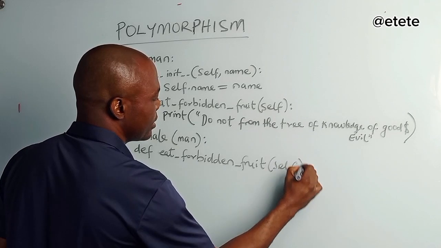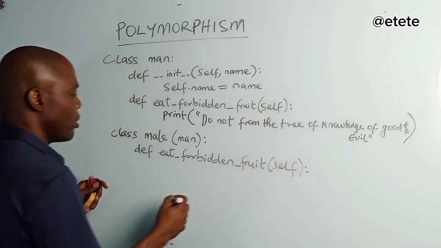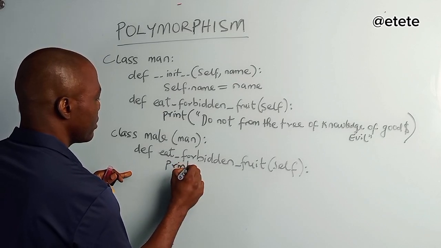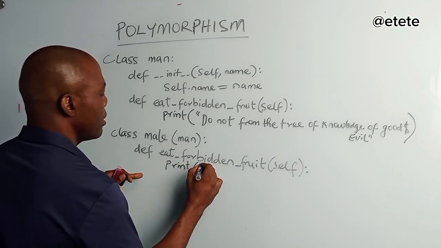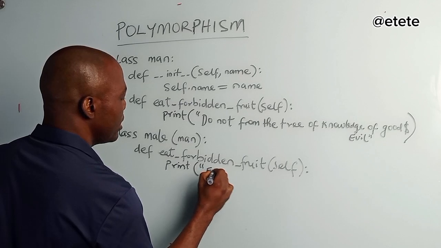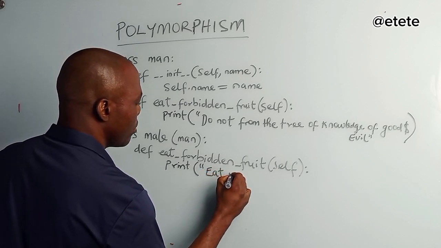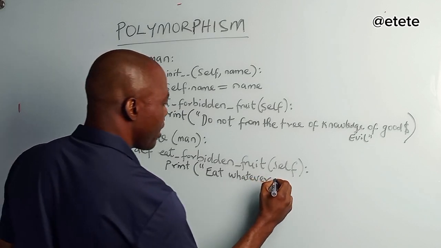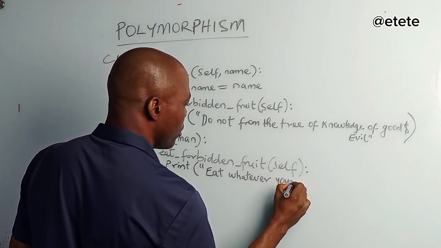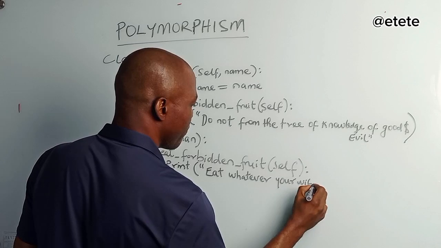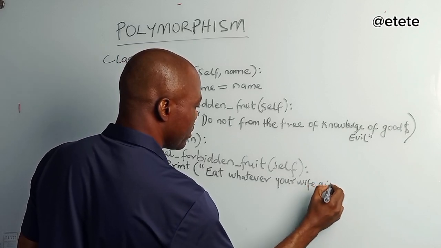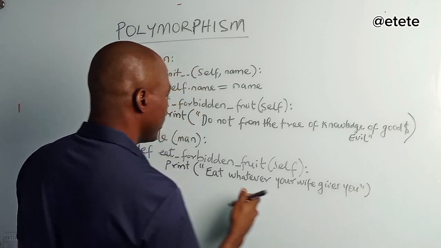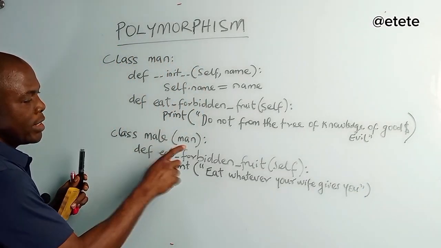Also, it is an instance method. Inside it, I will write print: "Eat whatever your wife gives you."